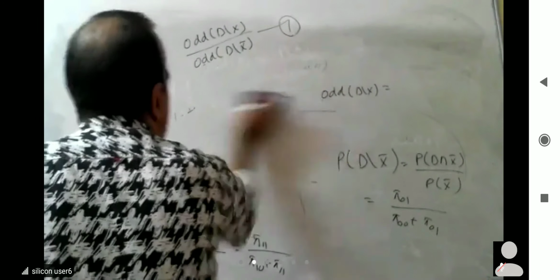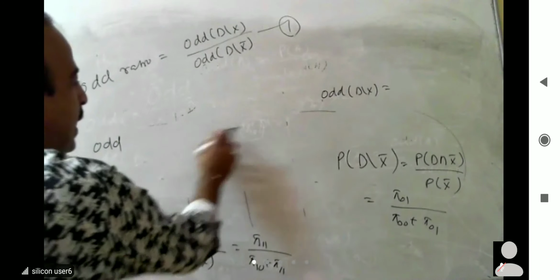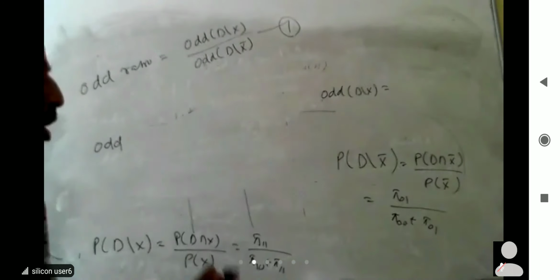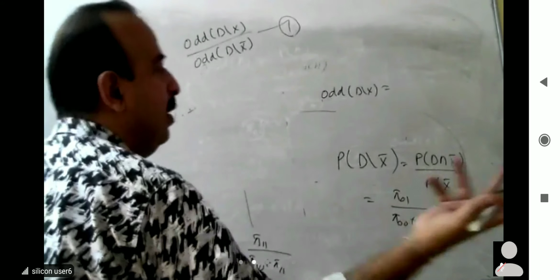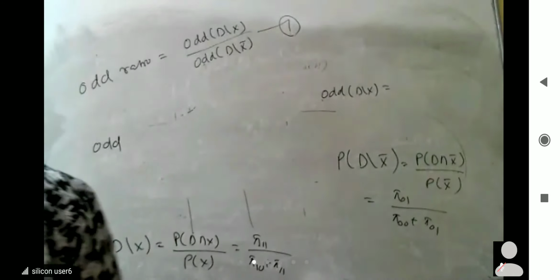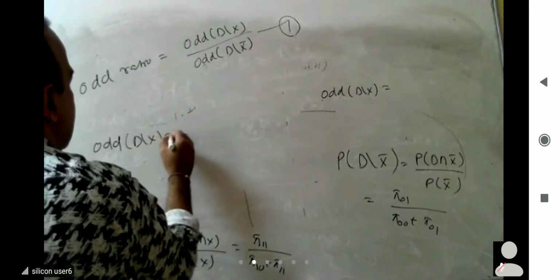Probability of D by X by 1 minus probability of D by X. I have not written any digit here, so in this example you can use any values. If you write 2, 3, 4, 5, then you may get it in the exam as well. The odd of D by X: what is the formula?